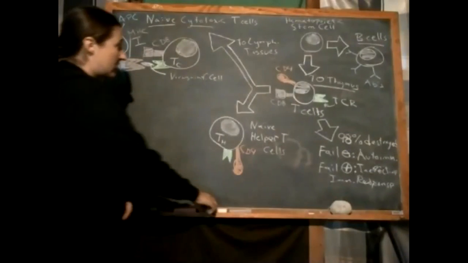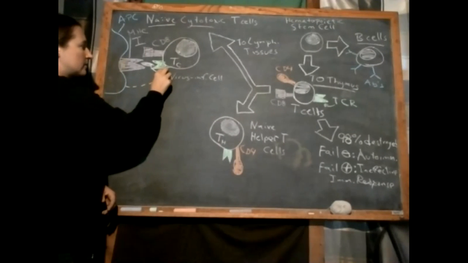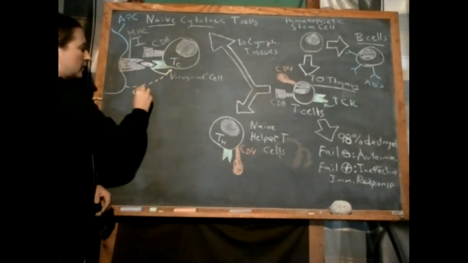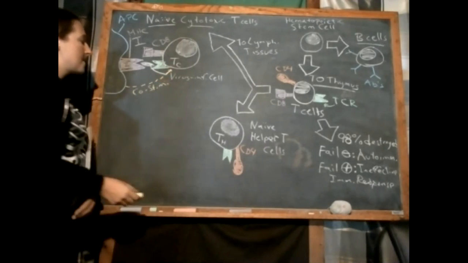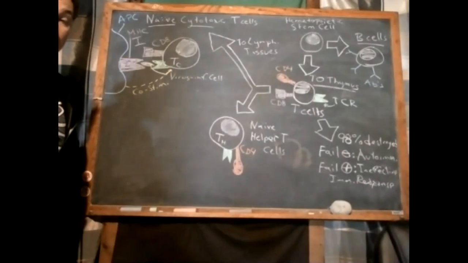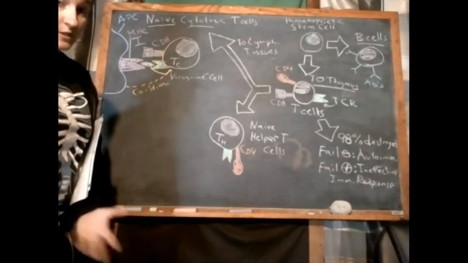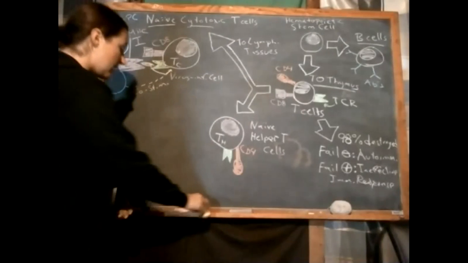At the same time, we are going to get co-stimulation by different types of cytokines. Again, the different types of interleukins, which are a cytokine, are not critically important to our understanding now.